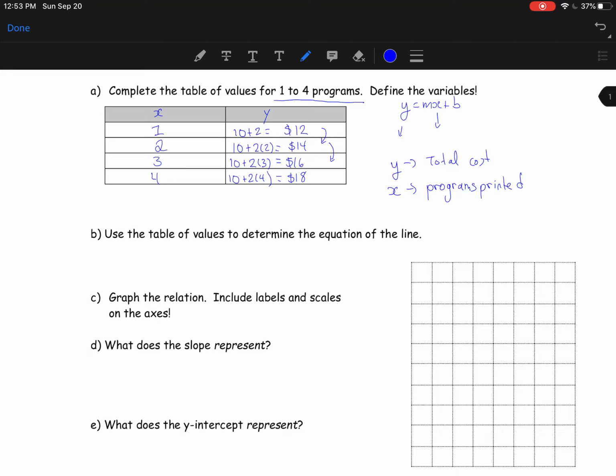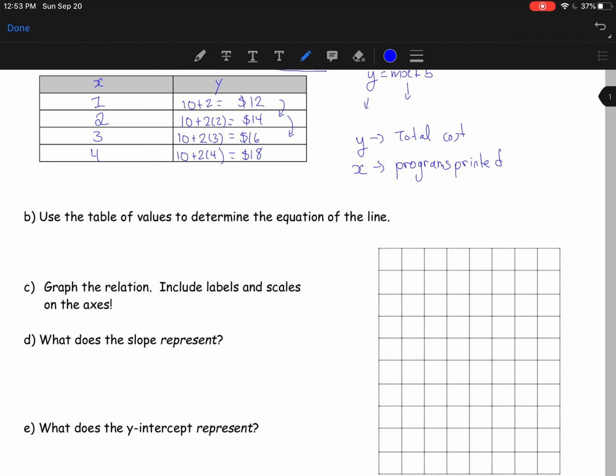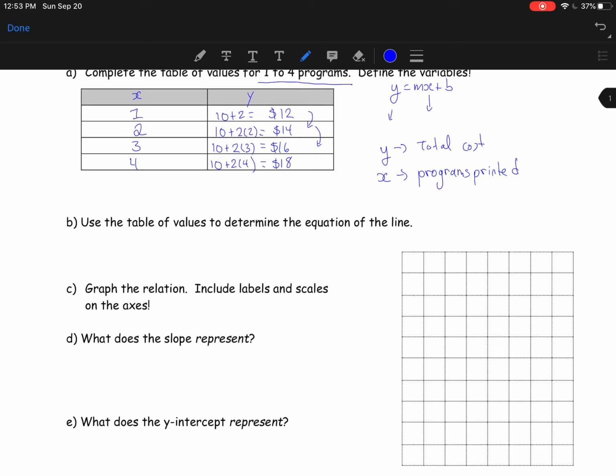From that table, we now have to determine the equation of a line. So what do we need to do to figure out that equation? We have y equals mx plus b, so we have to find the slope and the y-intercept. We can tell the slope by figuring out how much we're going up every time.